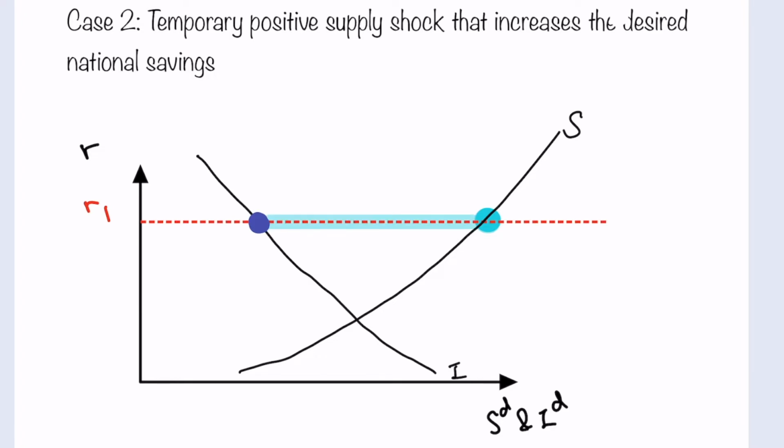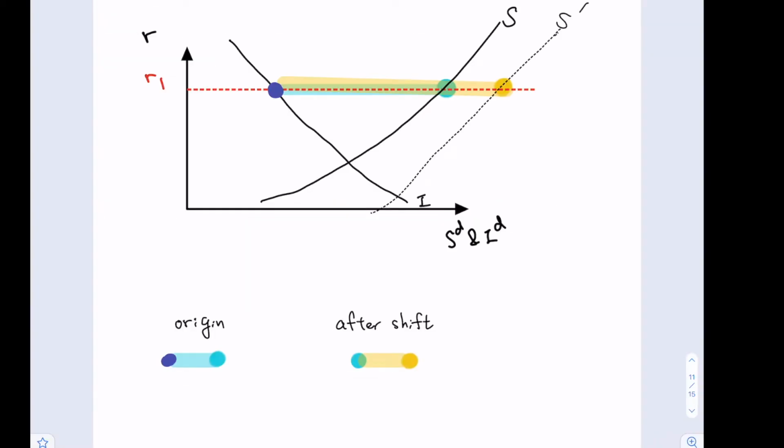So this will be the original size of its international lending. But after the shock, given that the saving increases, they now have more savings than before, so the size of their international lending should increase. That is in yellow.